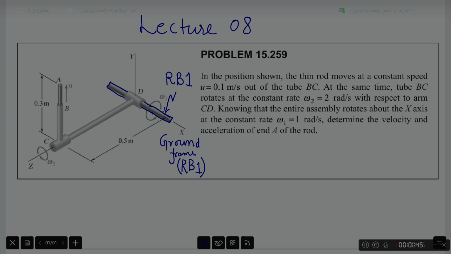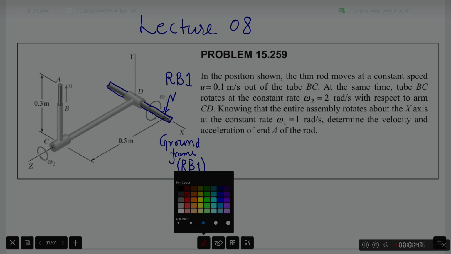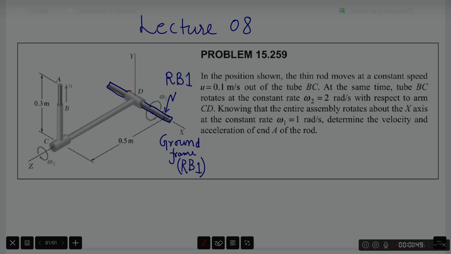Then I have the second rigid body which is attached to RB1. This I call RB2, rigid body 2.